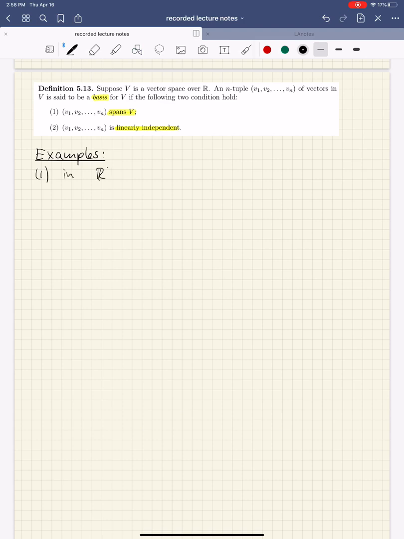Let's go to R to the n, the one we know the best. So here, the standard basis is just taking these vectors ei for i from 1 to n. Now let's go to the polynomials of degree at most n.